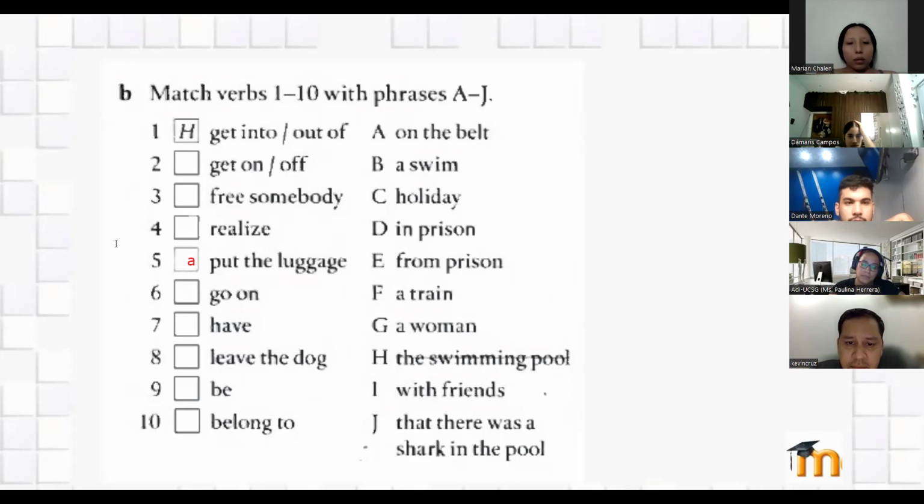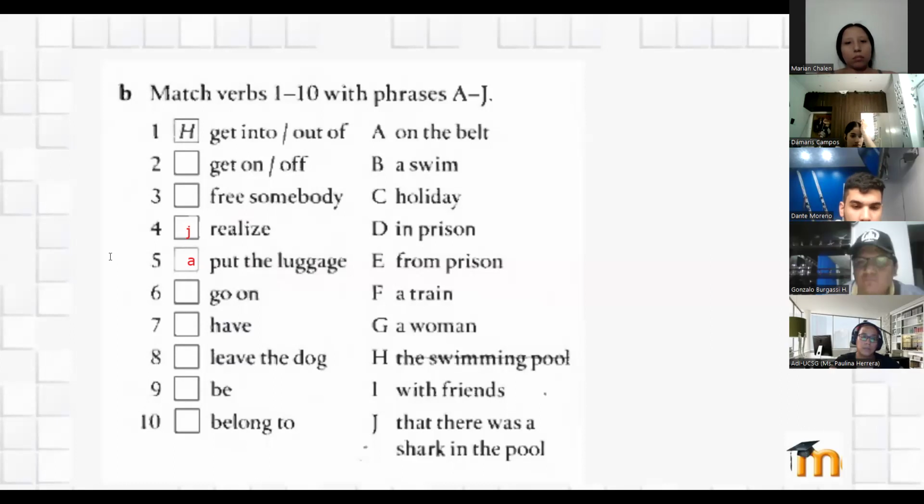Number 4, letter J. Yes, letter J. That would be realize that there was a shark in the pool. Yes, very good, Marianne. Now, Damaris. Number 3, letter E. Free somebody from prison. Yes, letter E.